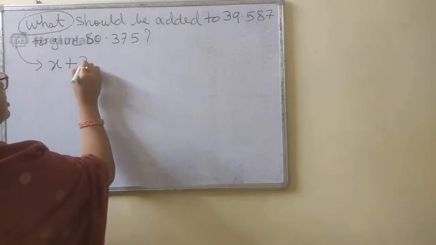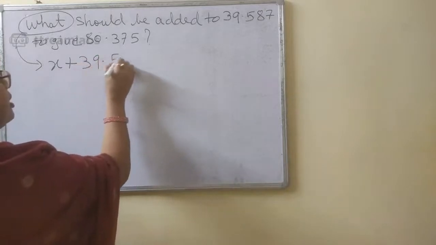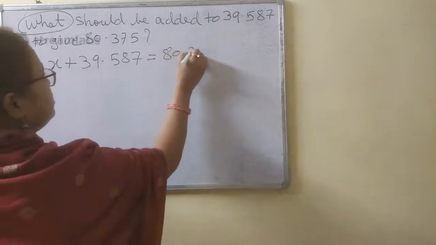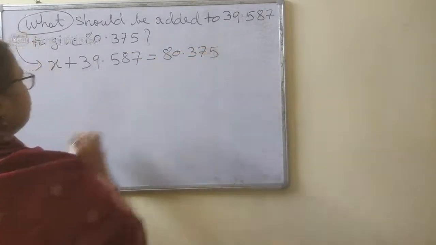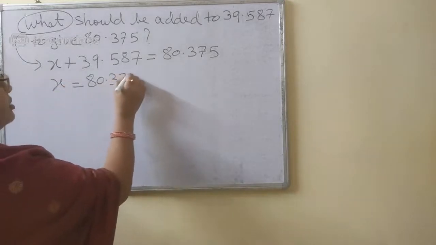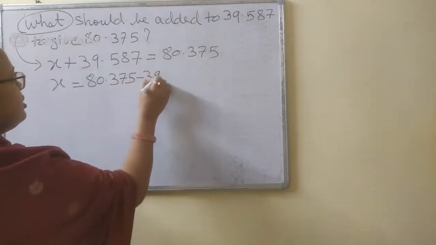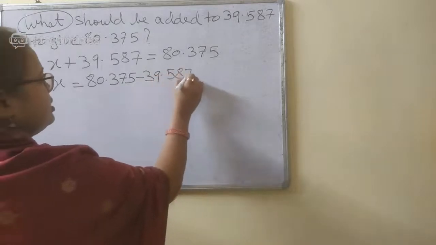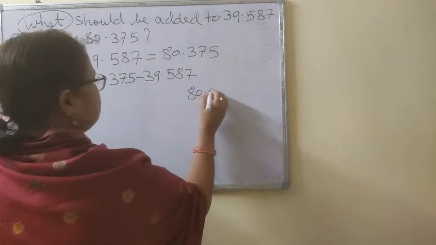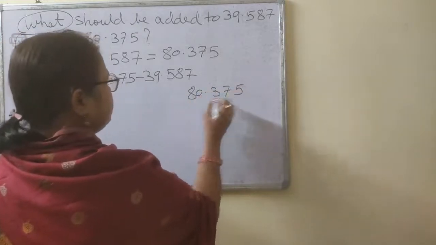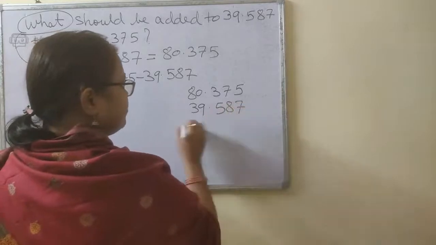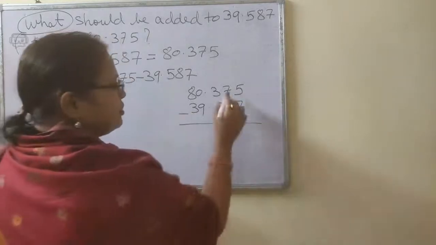So x plus 39.587 gives 80.375. So x equals 80.375 minus 39.587. Now subtract it. So 80.375 and 39.587, subtract it.